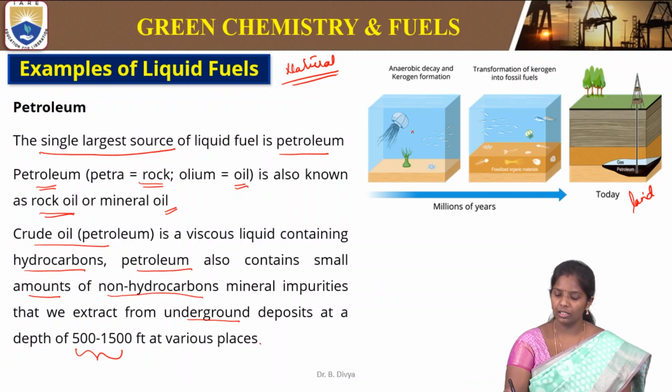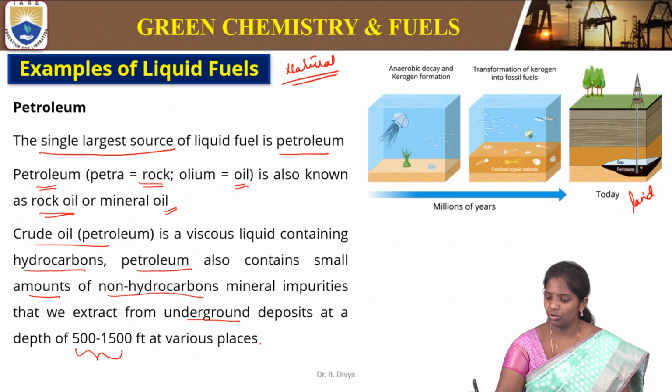So if we see this in the sea, what happens? Aerobic and anaerobic degradation takes place, then transformation into fossil fuels. They get degraded in the seabeds, and after some millions of years the petroleum forms deep under the seas, oceans or landscapes.